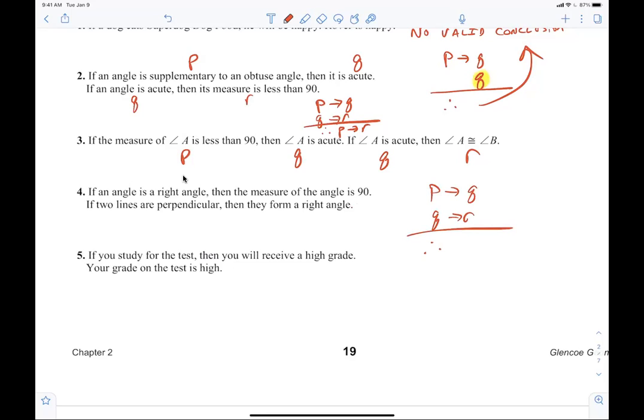If the measure of angle A is less than 90, then angle A is acute. If angle A is acute, then angle A is congruent to angle B. All right, that's what they're saying. So does that follow the rule? So we can conclude what? We can conclude P to R. So we could conclude if the measure of angle A is less than 90, then angle A is equal to, or is congruent to, angle B.